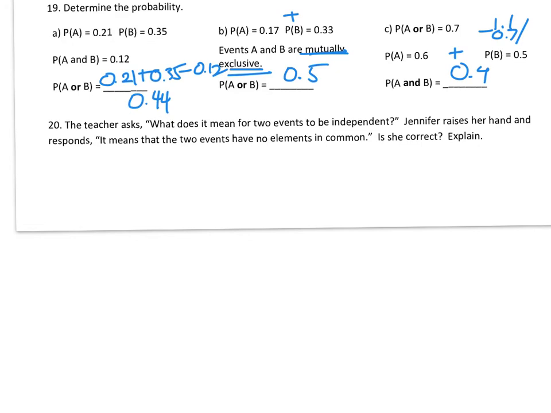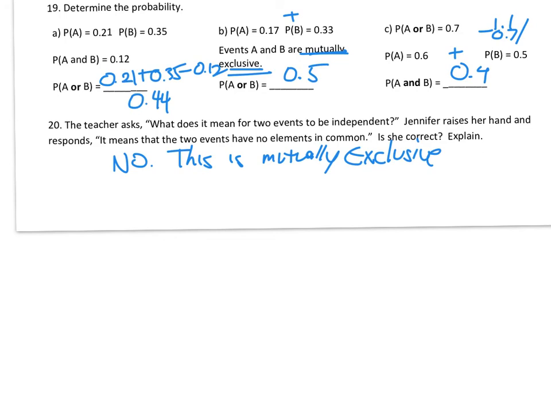The teacher asks, what does it mean for two events to be independent? Jennifer raises her hand and responds, it means that the two events have no elements in common. Is she correct? She's not correct because she's confusing it with mutually exclusive, that they're not going to share any elements.